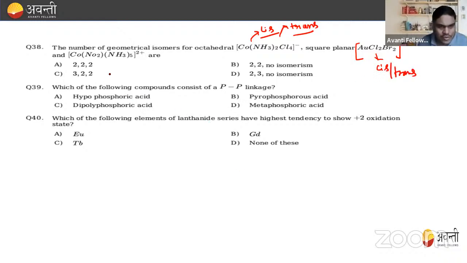And this one has no isomerism, it will not show any isomerism. So what is the correct option for this question, beta? That is 2, 2 and 0. So 2, 2 and no isomerism. That is option B for question 38, right? So this is absolutely correct, right?